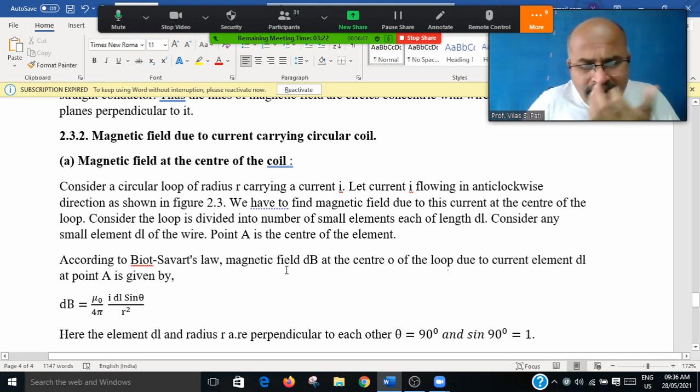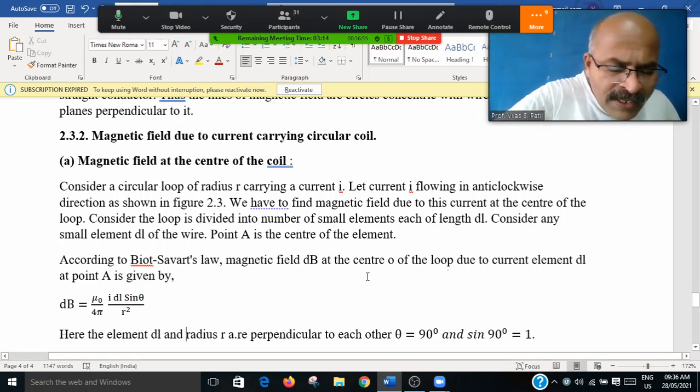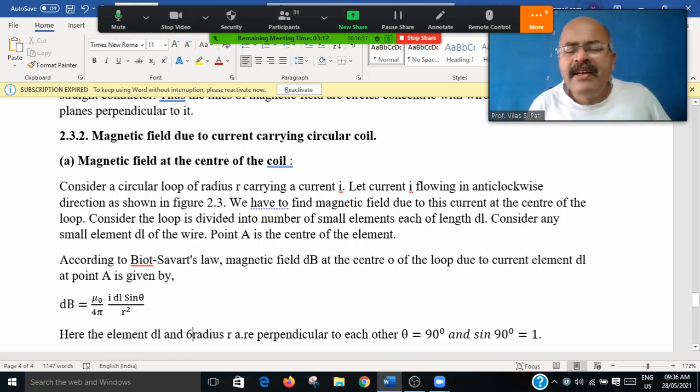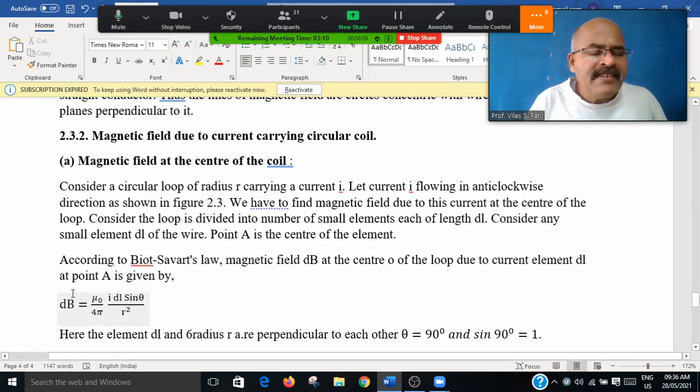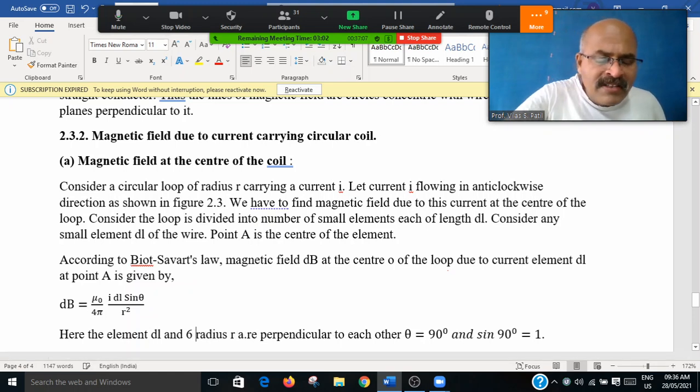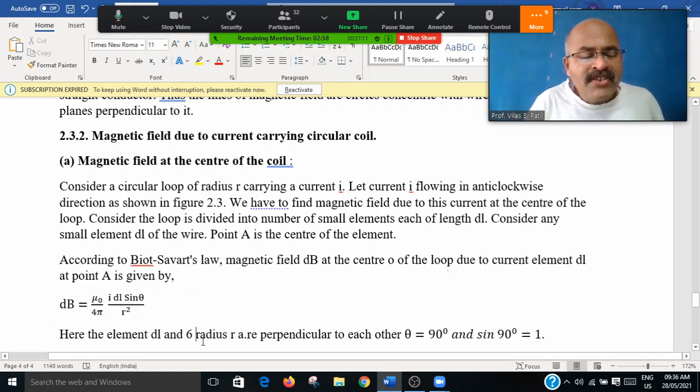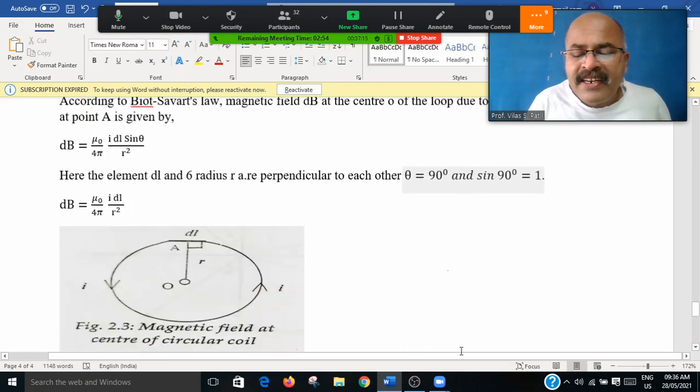According to Biot and Savart's law, the magnetic field dB at the center is dB equal to mu 0 divided by 4 pi, I dl sin theta divided by r square, where r is the radius perpendicular to dl, that is theta is 90 degrees.